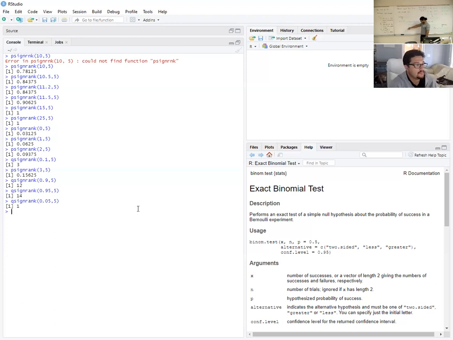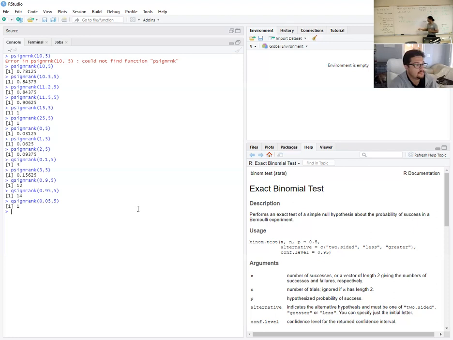Now, T plus plus T minus equal to the sum of all ranks would only happen under the null distribution, right? Under the null, that is true. In other words, no differences at all. If there are no differences, every single observation will be assigned a unique rank.